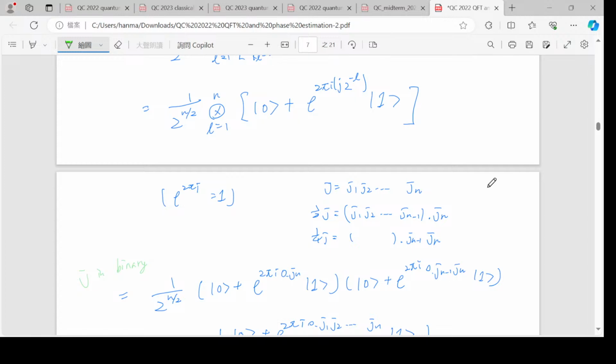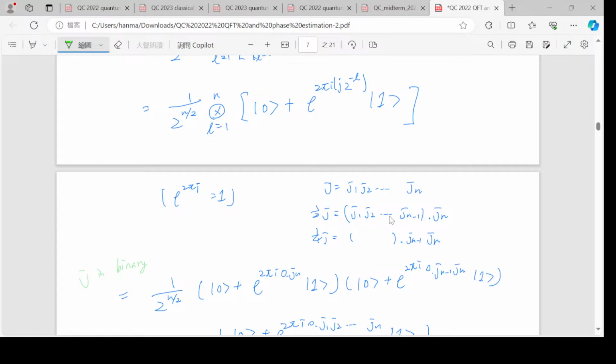And we are going to have j times 2 to the minus L, so it's going to be j divided by 2, or j divided by 4, etc. What are all those numbers? j is j1 to jn. Now think about the binary operation. If you divide j by 2, then it basically shifts the binary point by 1 slot. You can verify this yourself very quickly, so I won't write the proof.